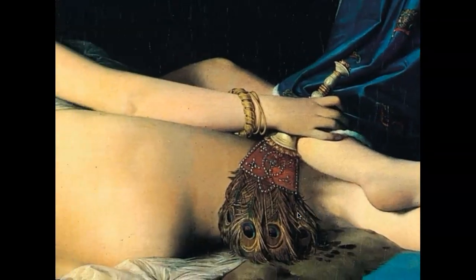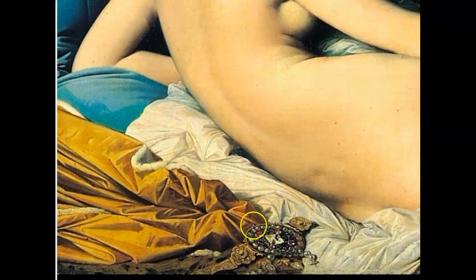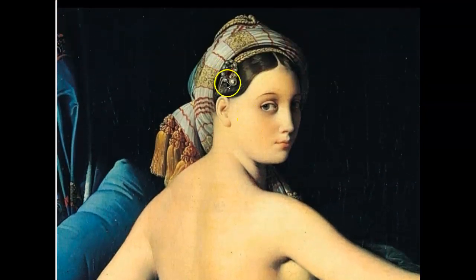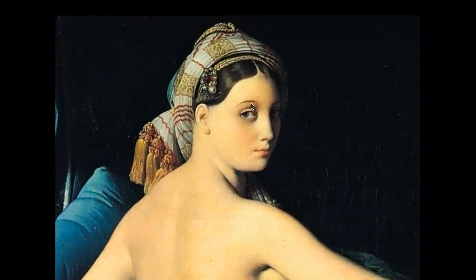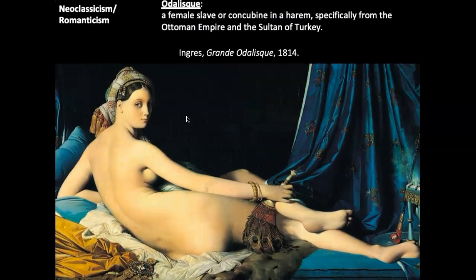The jewelry she wears, the fabric, look at this massive brooch, this belt buckle, what is it? Look at then her hair, these massive pearls and rubies. All of this is speaking to Orientalism. And she is not a woman, but another exotic object of the Orient for us to admire.